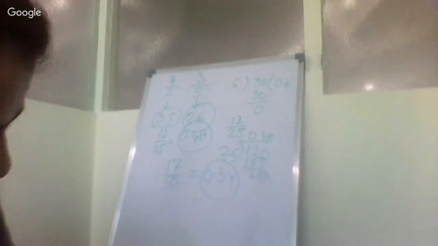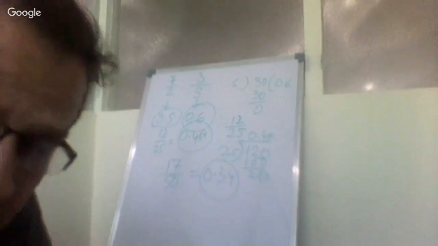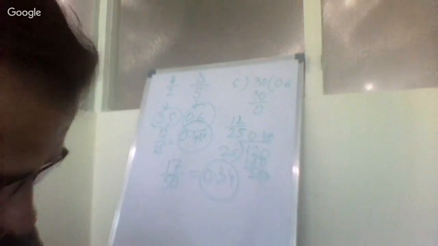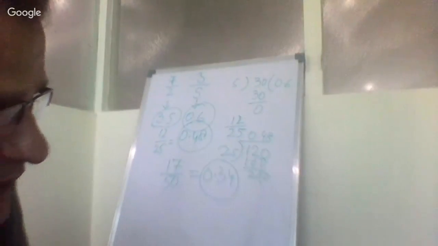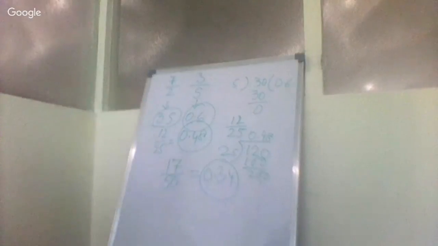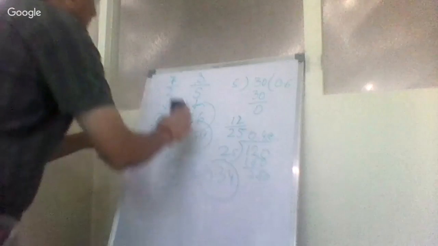Did you understand this? Yes, sir. So the numbers which terminate after a certain number of decimal places are known as terminating decimal numbers. That's the first case.